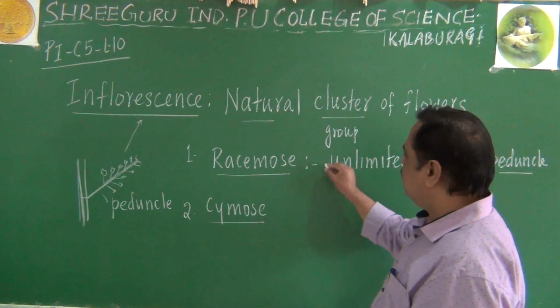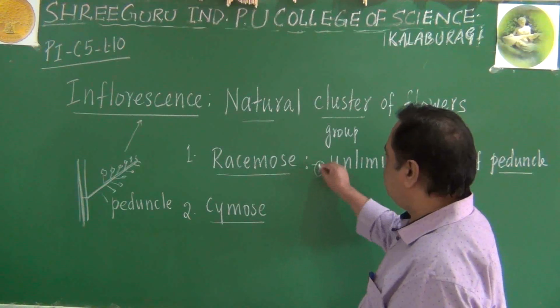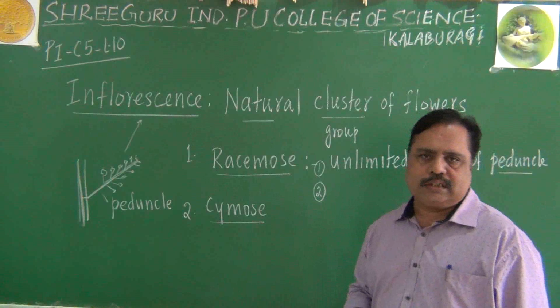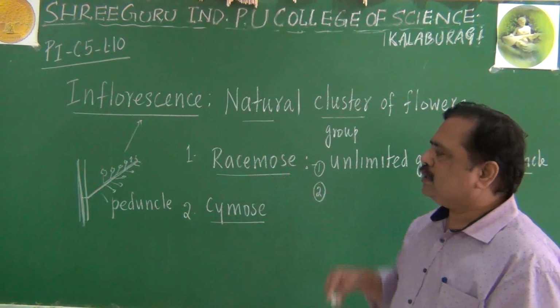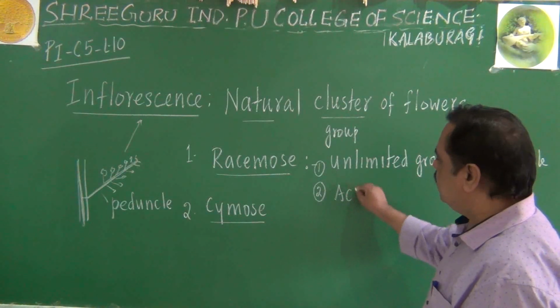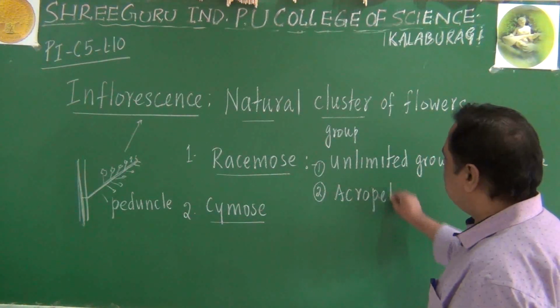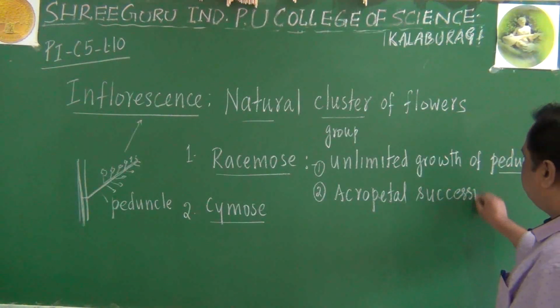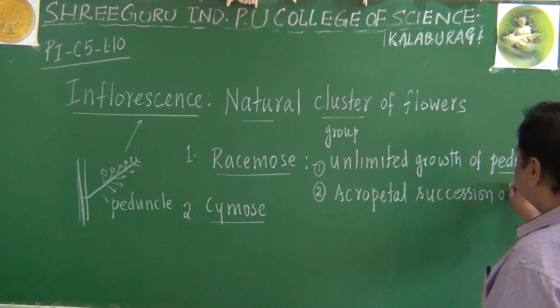That is the first point: unlimited growth of the peduncle. The second character of racemose inflorescence is that the flowers are arranged in acropetal succession.